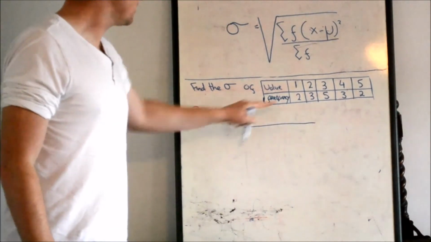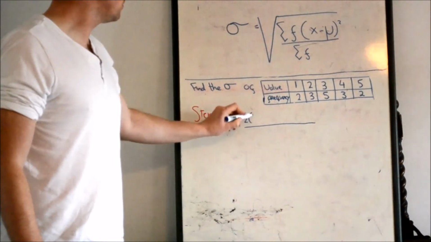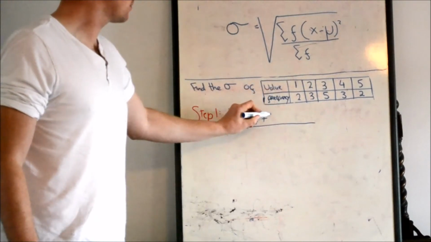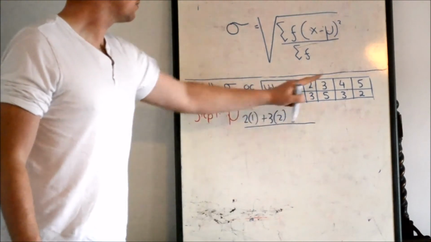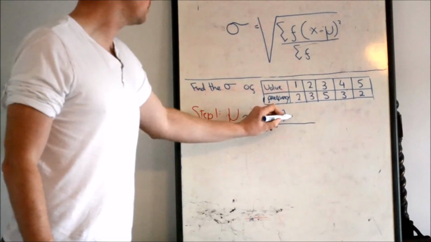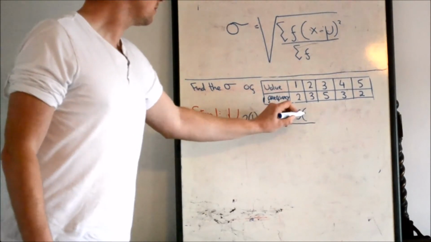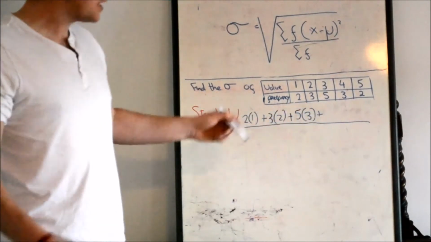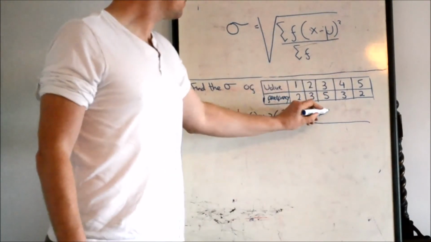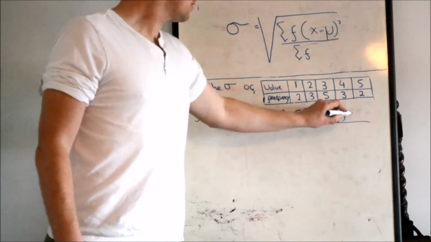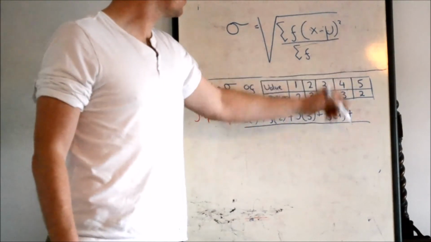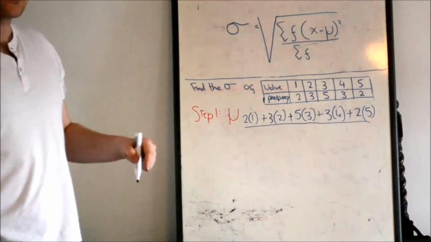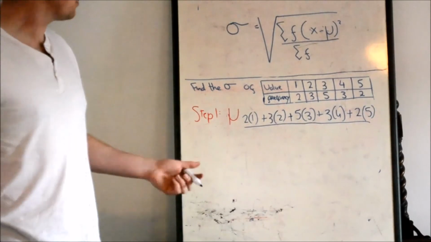It's the frequency multiplied by the value, plus the frequency multiplied by the value, plus the frequency multiplied by the value, plus, you guessed it, the frequency multiplied by the value, and funnily enough, the frequency multiplied by the value, all over the sum of all the frequencies.